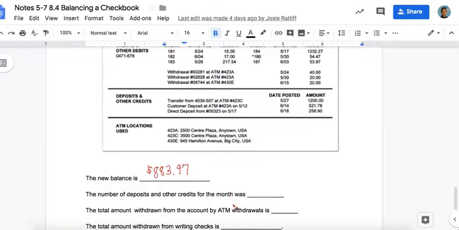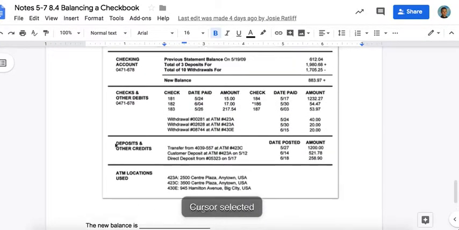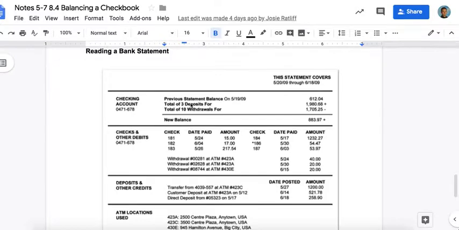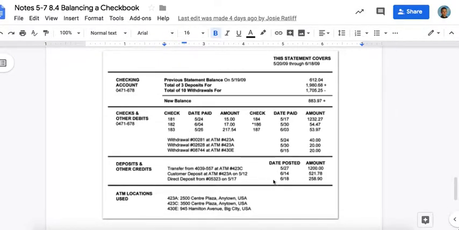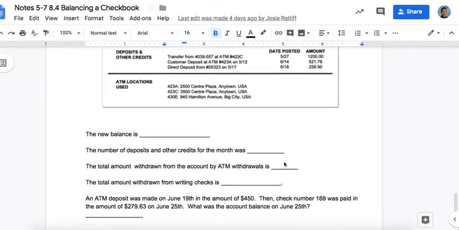Okay, the number of deposits and other credits for the month was, if you look up at the top, it told us that we had 3 deposits right here. And we can also look here in the deposit section to know that we had 3 deposits. So write 3.